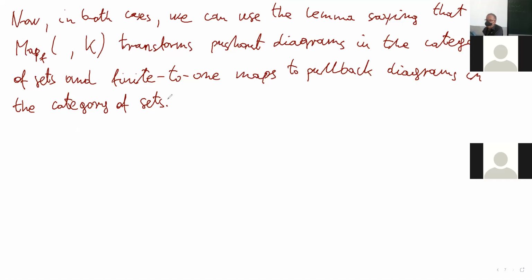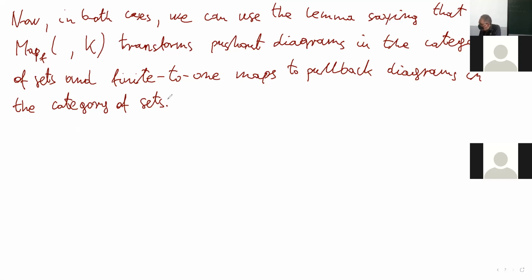Yes, let K be a non-empty set with a chosen element 0. Let F be an injective map, and let this be a push-out diagram in the category of sets and finite-to-one maps. Then this contravariant functor transforms push-outs into pullbacks in the category of sets and maps. So the assumptions are satisfied, all right? We have finite-to-one and one injective.